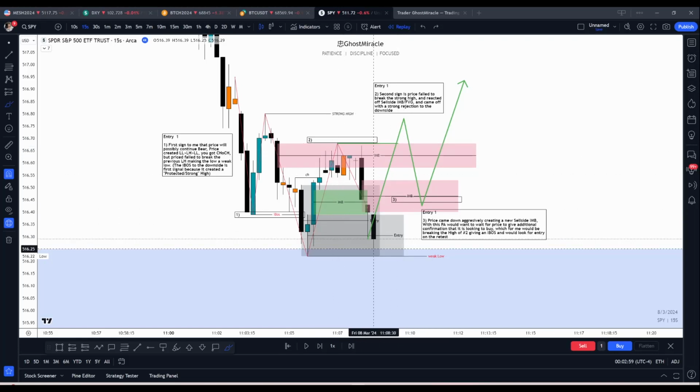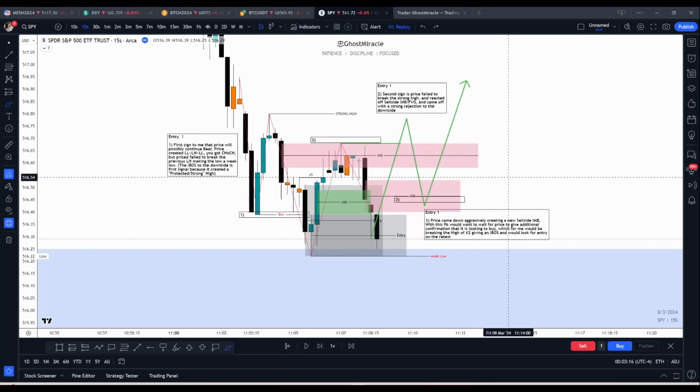So you would get that retest off of your initial entry, get another internal break, and then find your entry after that. Because it's like double confirmation, it's not as risky of an entry as everything else. So that's what I would be looking for.